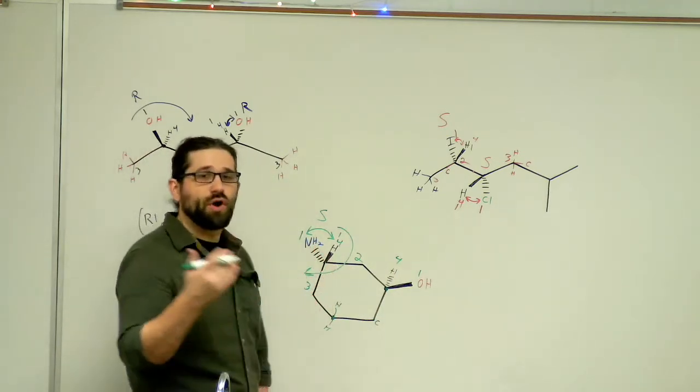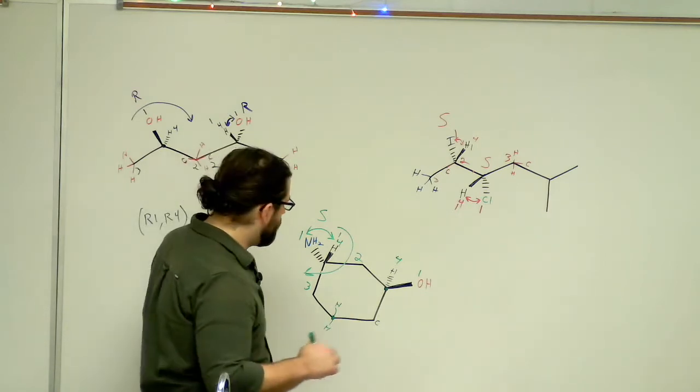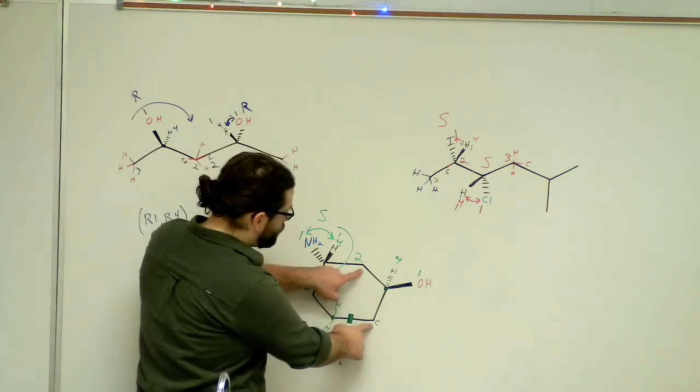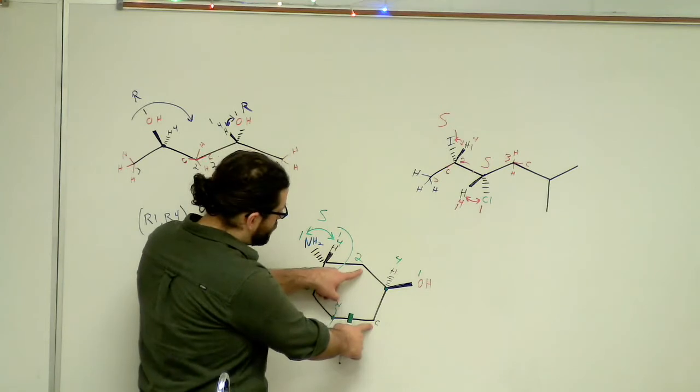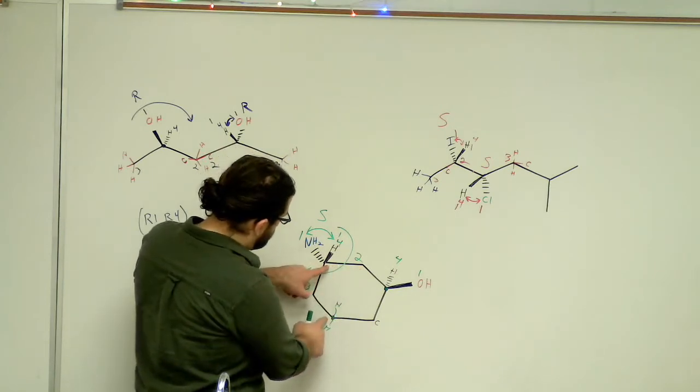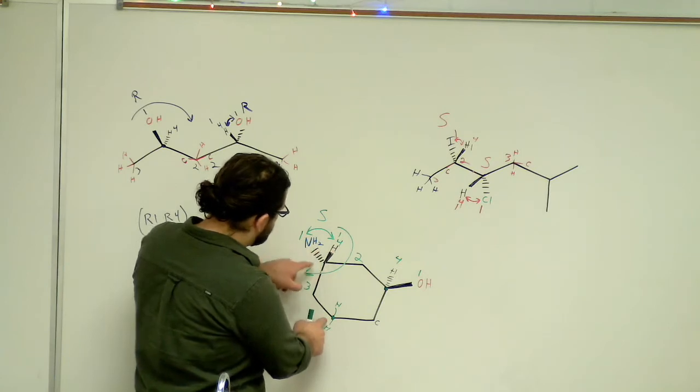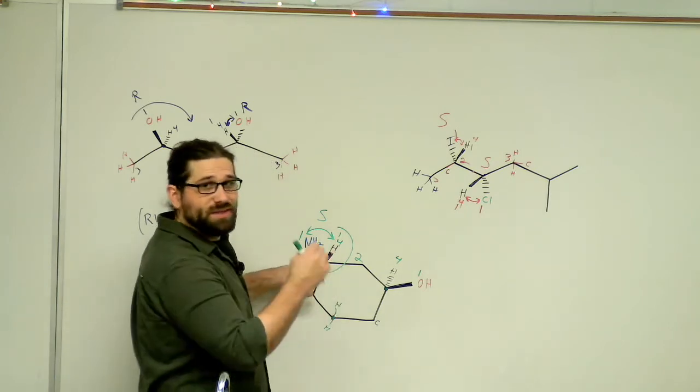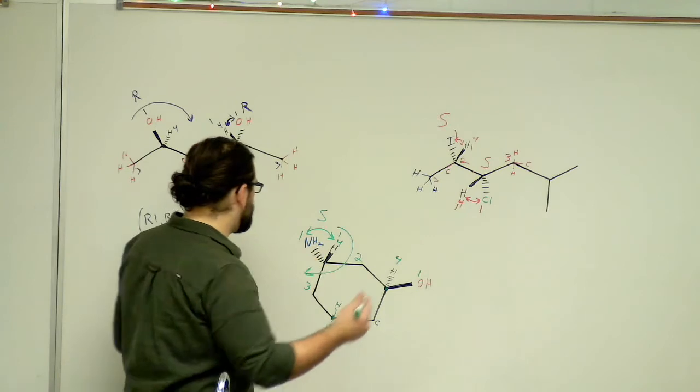Now I just need to figure out the priority differences of my carbons. So once again, these two carbons are identical. So I need to go one more out. So now I've got hydrogen, hydrogen, carbon versus hydrogen, nitrogen, carbon. Well, C, N, and H beats C, H, H, right?